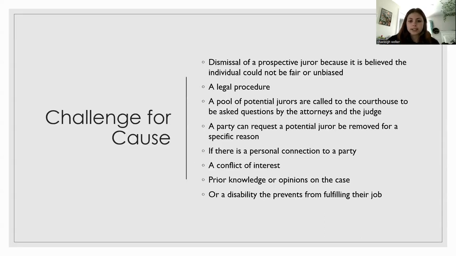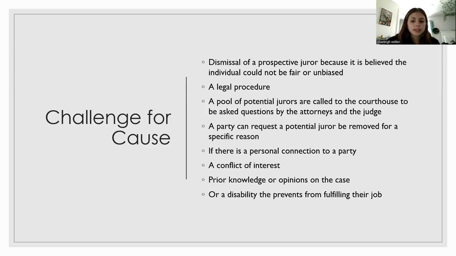A challenge for cause is the dismissal of a possible juror, because it's believed that the individual could not be fair or unbiased. It's a legal procedure in which a pool of potential jurors is called to the courthouse, and then they're asked questions by the attorneys and the judge.